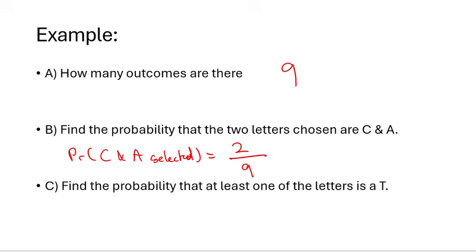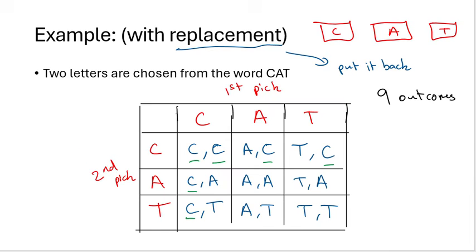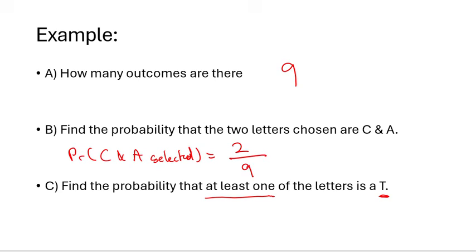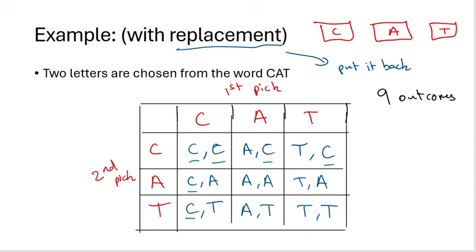Now, part C here, find the probability that at least one of the letters is a T. So refer back to your table. Now, the word at least means minimum, 1 T or more. That's what it means. So I'll write PR of at least 1 T equals. Let's go back to our table and count it.